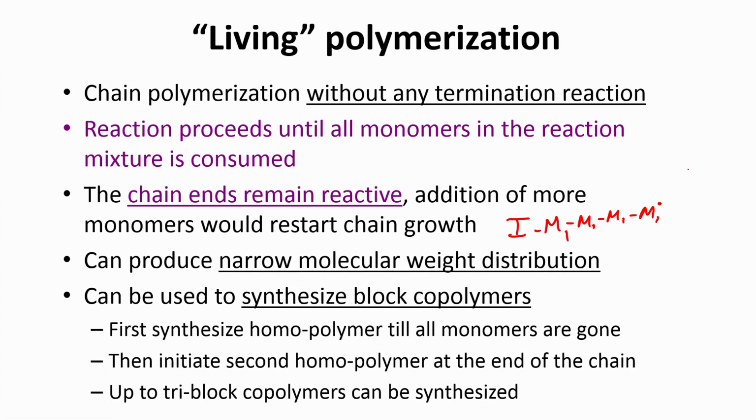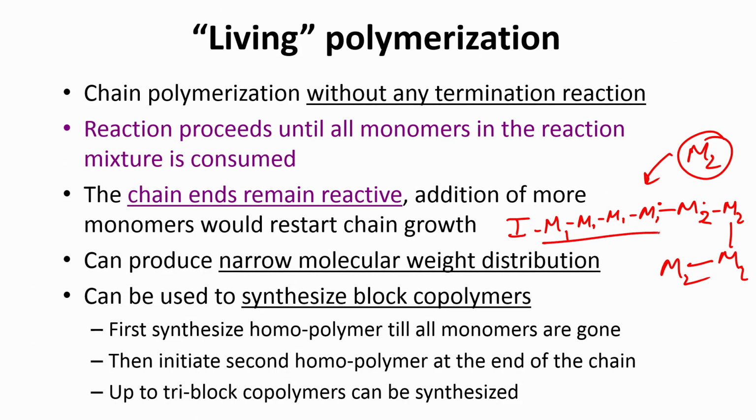If you add a monomer 2 to this reaction mixture with the active site already present, this will then continue to react with monomer 2 and essentially result in a block copolymer, because you have a block of M1 here and a block of M2 here. So that is how you can continue to do this.